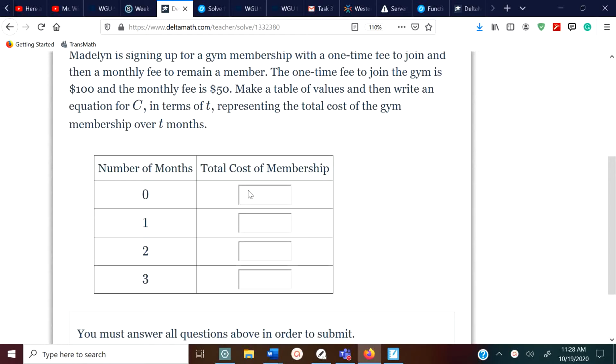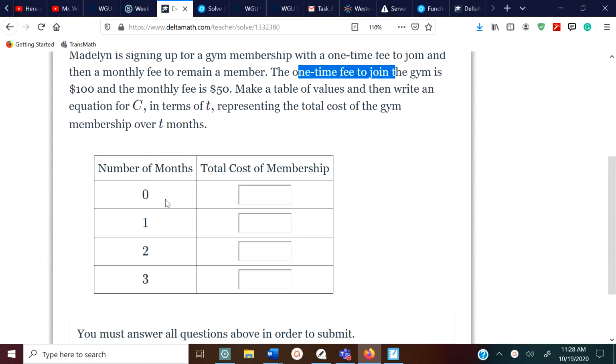Okay, so what you want to do here is say, okay, what is the total cost after whatever the number of months? So what do we start with? Well, we start with $100. So before you even start a whole month, you have to pay the $100, the one-time joining fee.